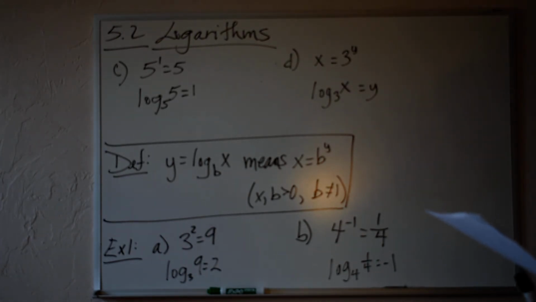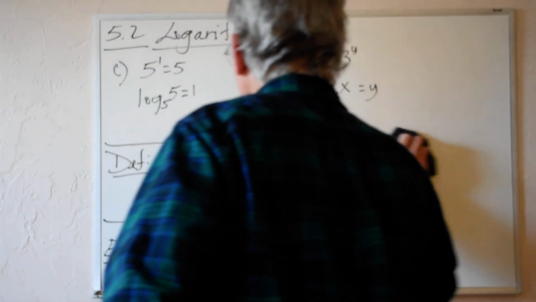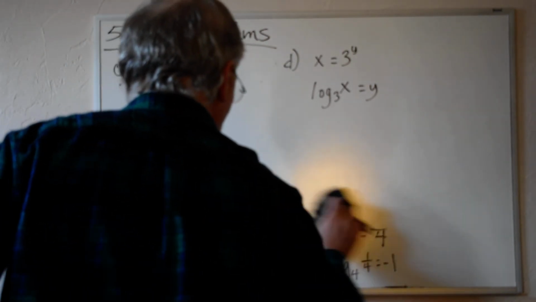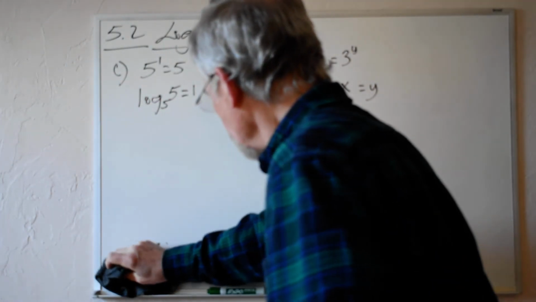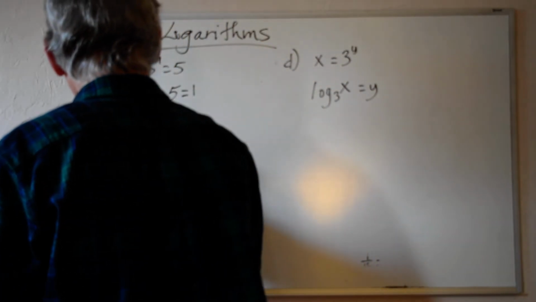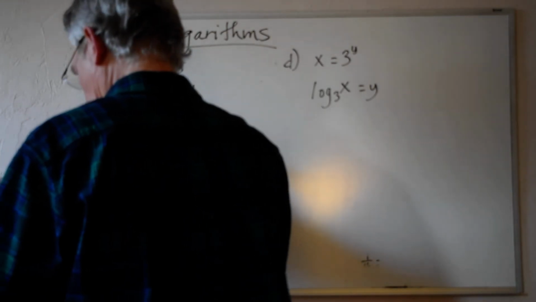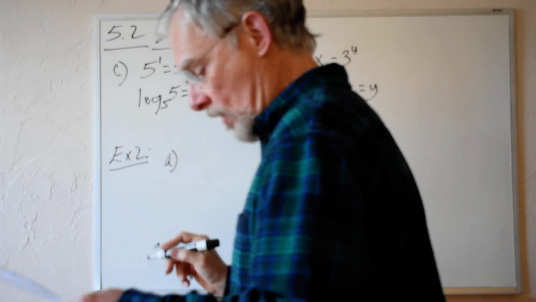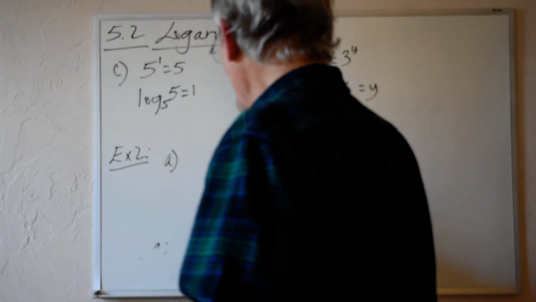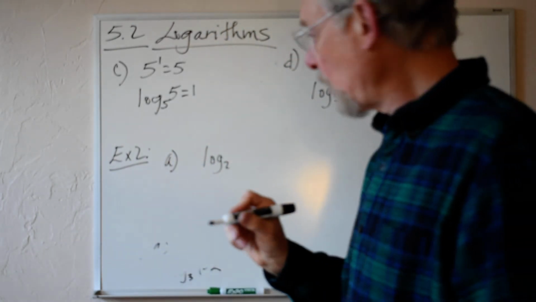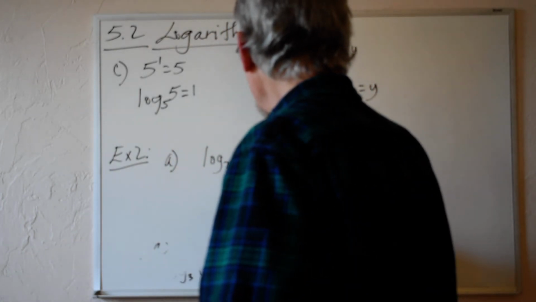Let's look at example 2 where we go in the other direction. Here we're asked to take a logarithmic statement, a log, such as this, log base 2 of 16 equals 4.